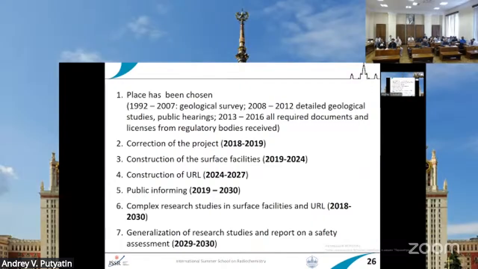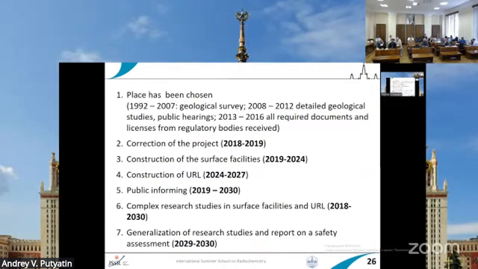They started with the construction of the surface facilities. Today all the surface facilities, including the electrical grid and some administrative buildings, are already finished, and there is an active phase of construction of the underground research lab.